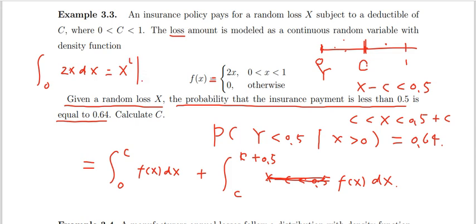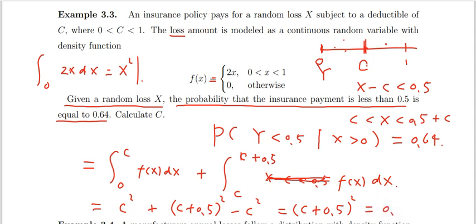Integrating out, this equals c squared plus, evaluating from c to c plus 0.5, (c plus 0.5) squared minus c squared. So this equals 0.64. So we can find this c.